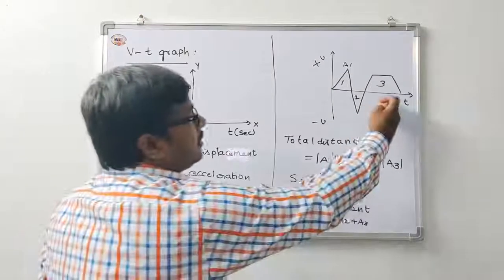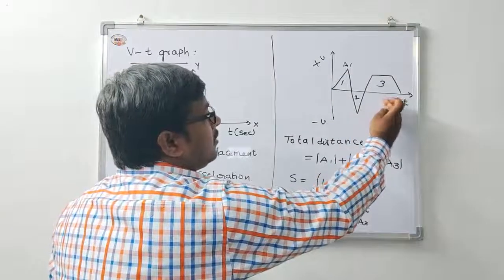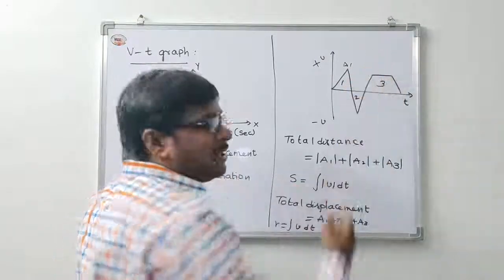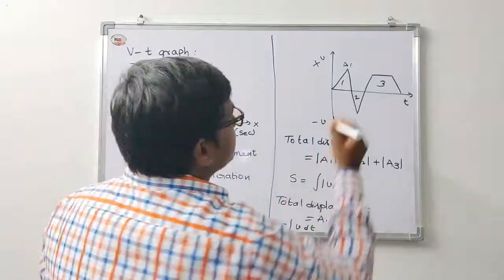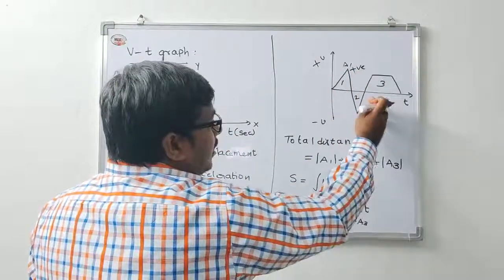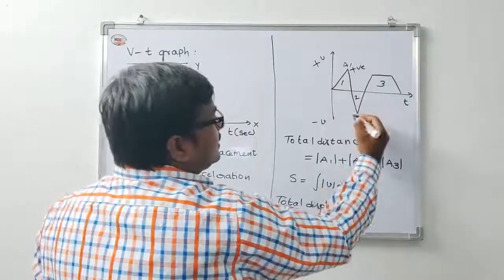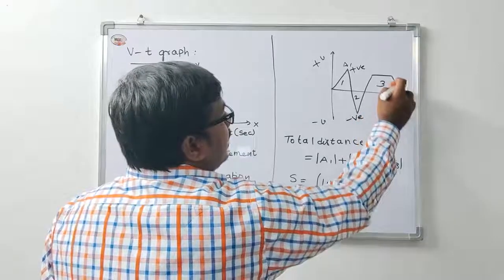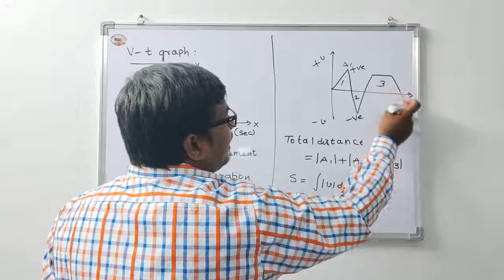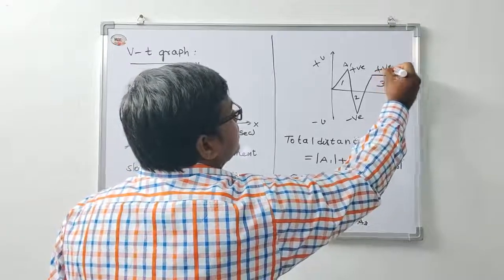The area occupied above the time axis is positive. For example, this is positive. The area below the time axis is negative. The area occupied above the time axis is always positive.